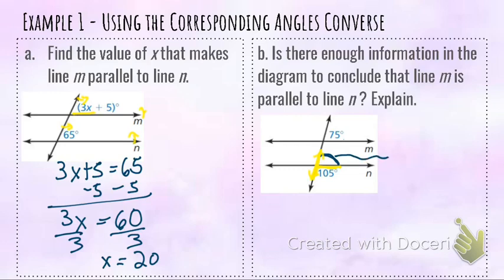So to find this angle, we can do 180, because a straight angle is 180 degrees, which is a line, and subtract the amount we know, 105. So 180 minus 105. Take a second, put it in your phone or your calculator. What do you get? Okay, if you did that, you should see that you got 75 degrees.